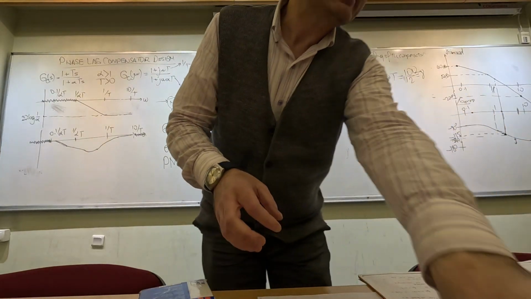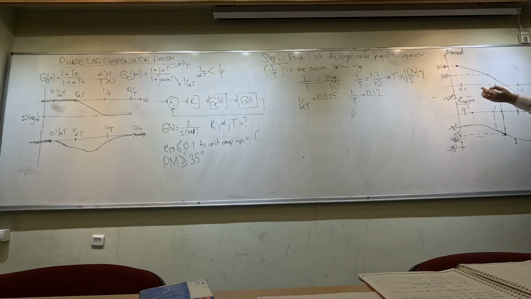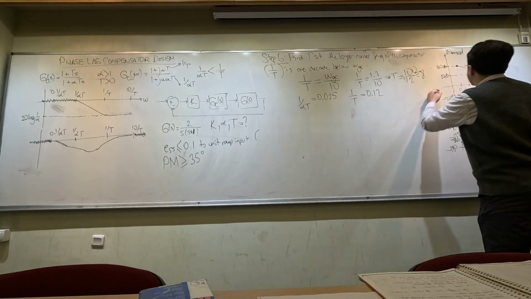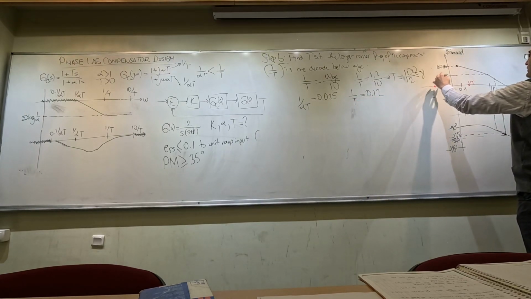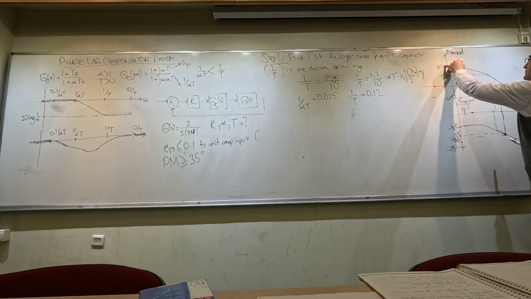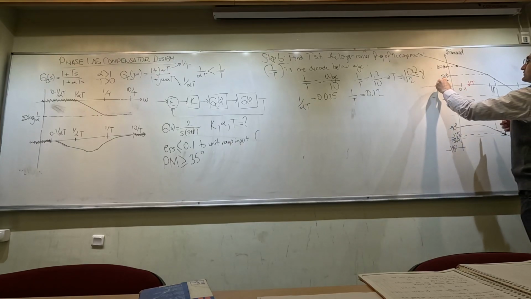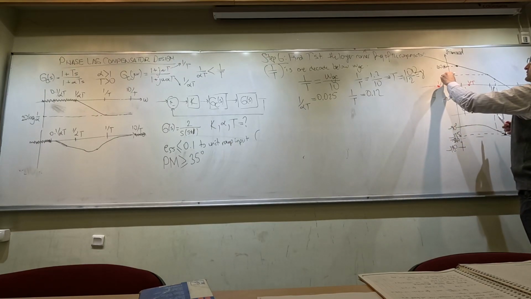So then what I can do is place those numbers here. 1 over T is going to be somewhere here. This is the larger corner frequency of the compensator. Let me draw this. And 1 over alpha T is going to be somewhere here, let us say.